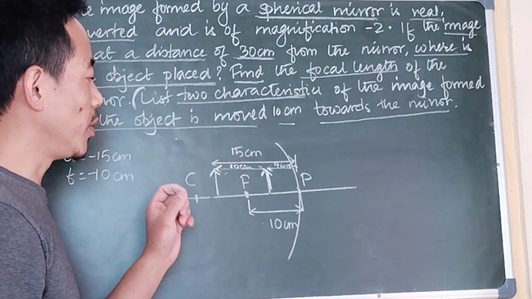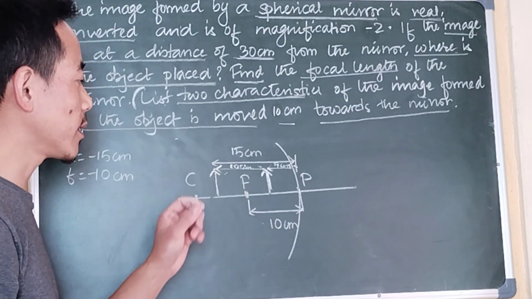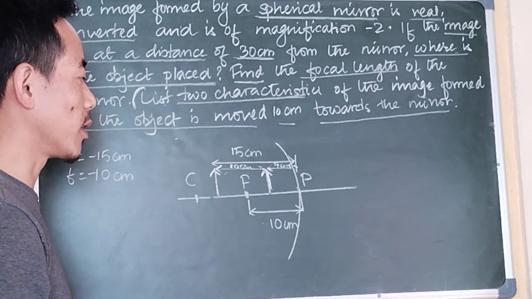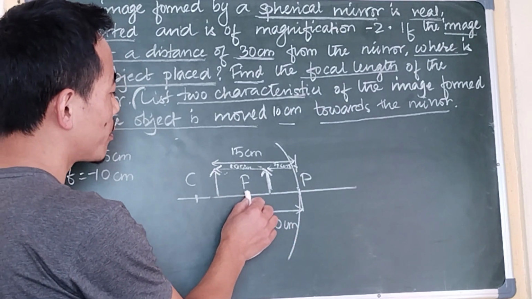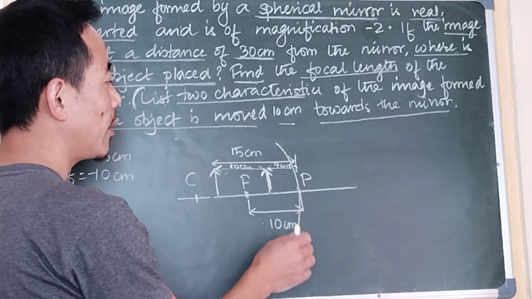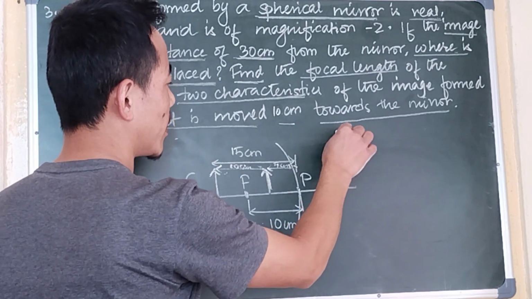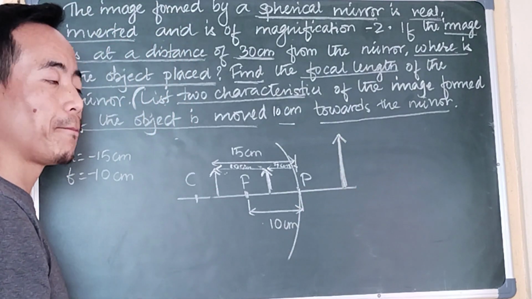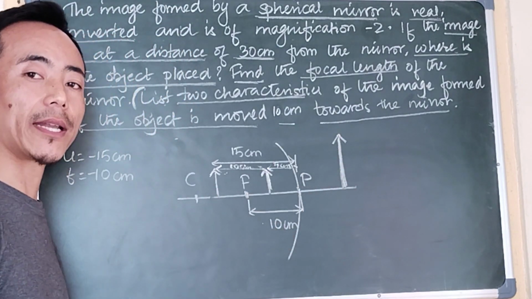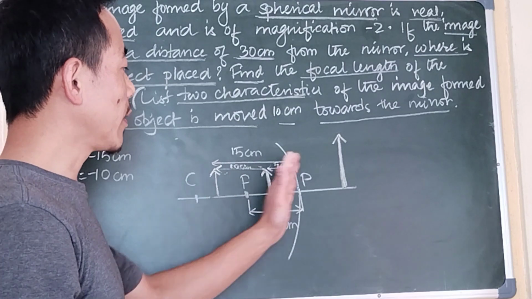For a concave mirror, this is a special case, the last case that we discussed in image formation by concave mirror. You can check that video. Whenever the object is between focus and pole, a concave mirror forms a virtual image. That is the special case for concave mirror. It forms a virtual image and the image will be highly magnified. So you don't have to do the calculation.